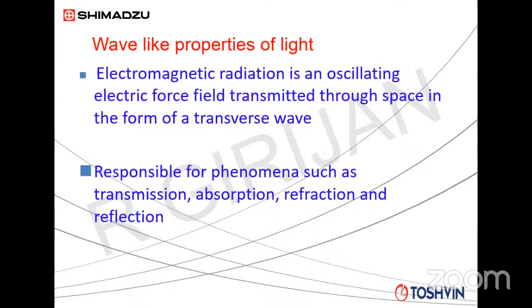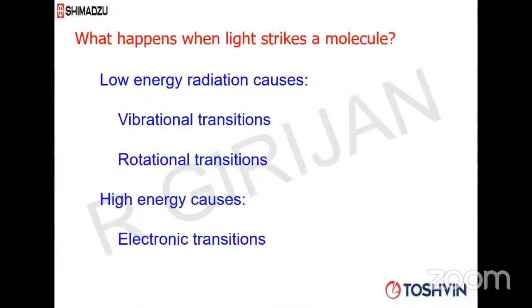So it is a transverse motion, and when it is propagating through a medium in the form of a transverse wave motion, it has certain fundamental properties, like it can undergo transmission, absorption, refraction, and reflection. All these are basic properties of a radiation when it is propagating through a medium.